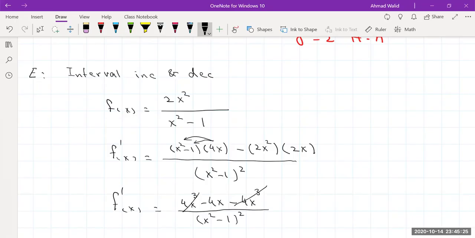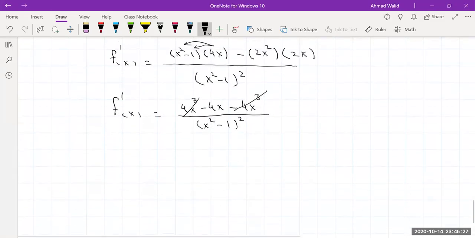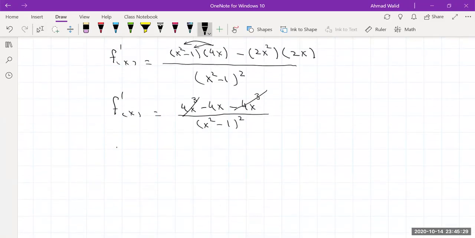Negative 4x cubed, positive 4x cubed cancels out. Then f prime x equals negative 4x over x squared minus 1 all squared. That's your f prime x. Correct?